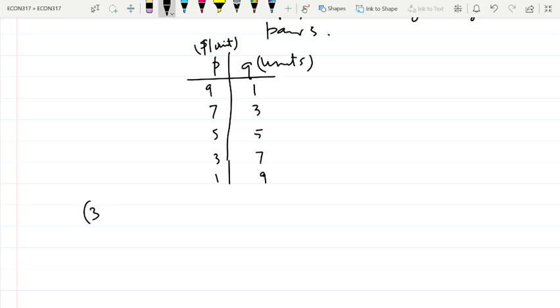The third one, we can draw a graph of price and quantity for any product.